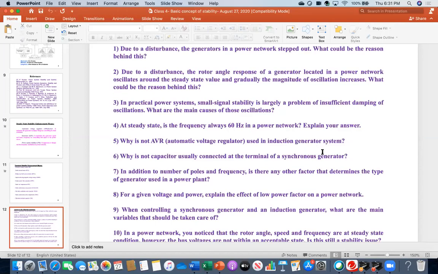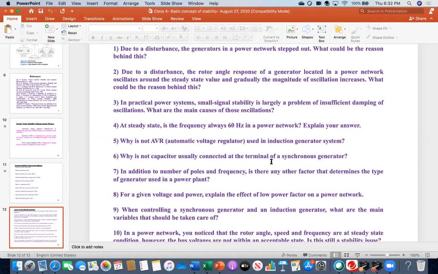And because induction generator requires reactive power, there will be a low lagging power factor. Now, to improve that power factor, to maintain a steady voltage, you need the capacitor. This means the capacitor is for the induction generator, not for the synchronous generator.